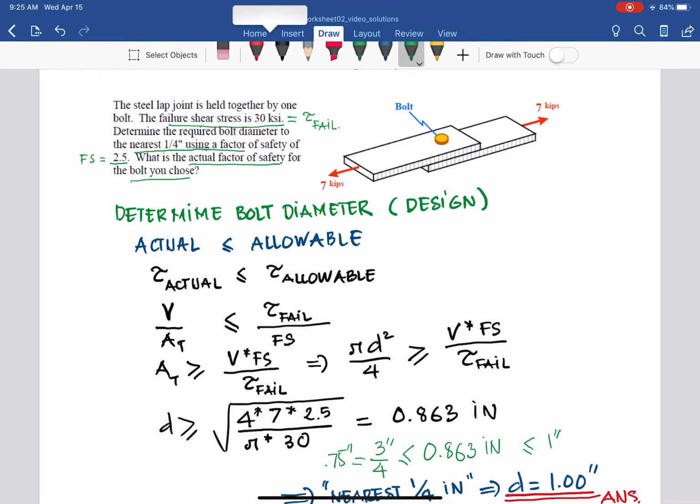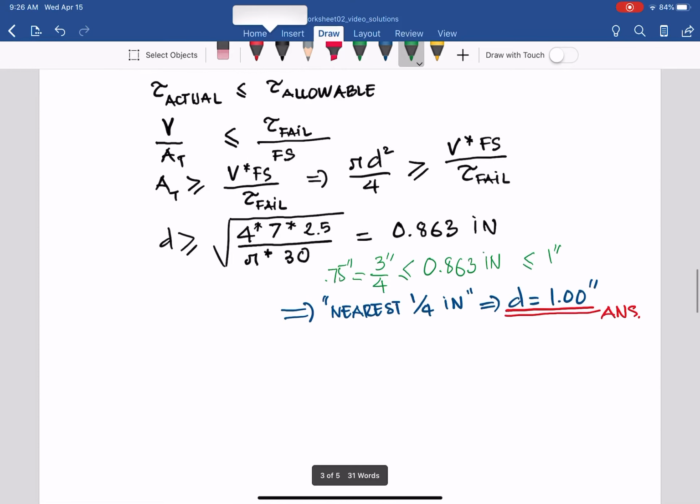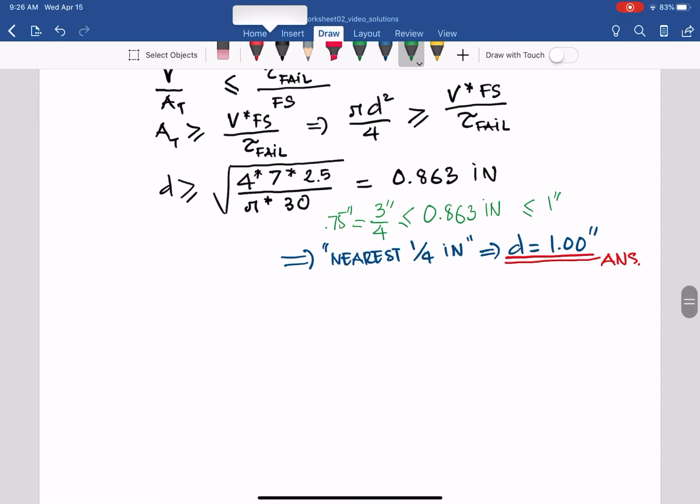Now we already chose the bolt that is 1 inch. What should be the factor of safety? As always, the factor of safety equation is equal to the failure level divided by the allowable level.